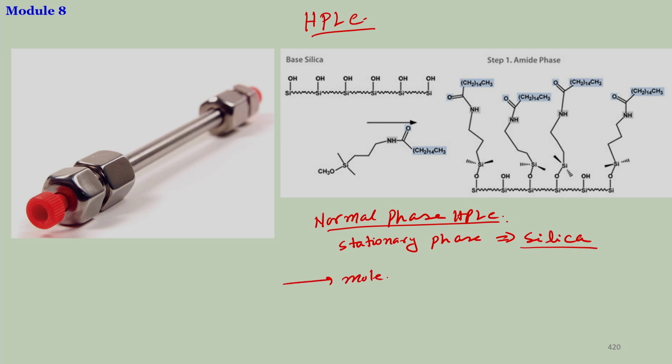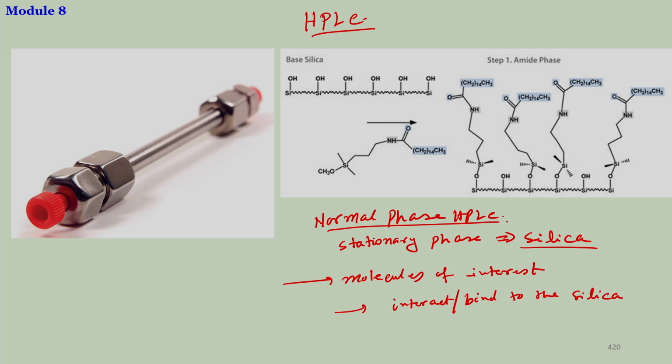So, if you send molecules of interest, which can be biomolecules or other organic molecules as well, they will interact or bind to the silica. Your molecules will go inside the column and be bound to the silica.